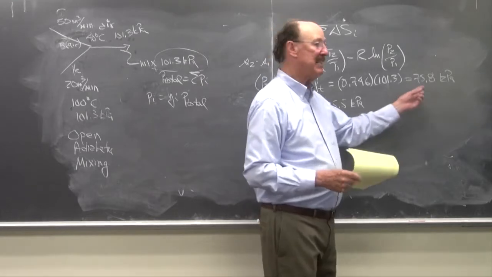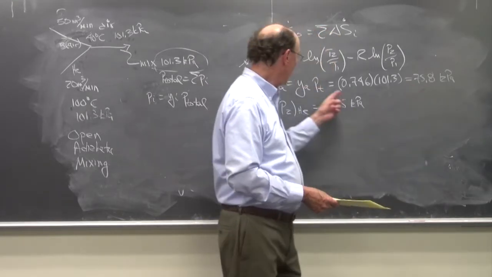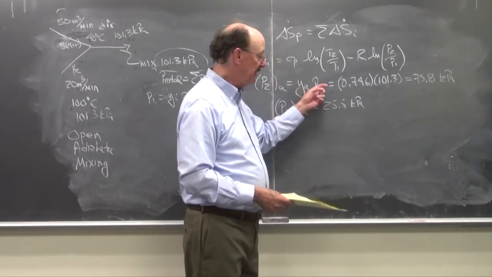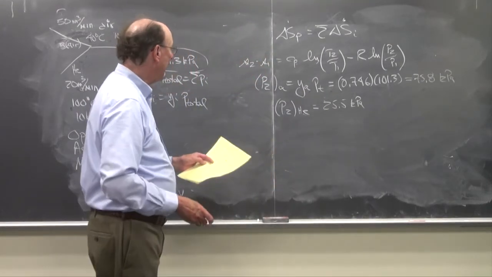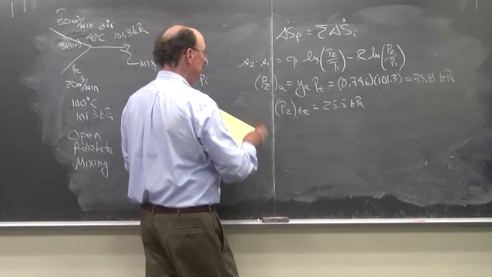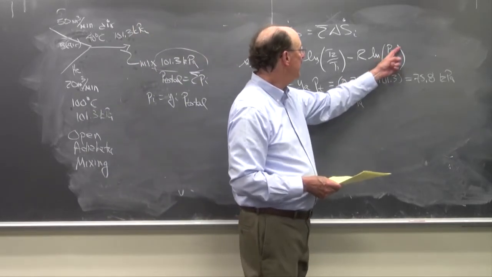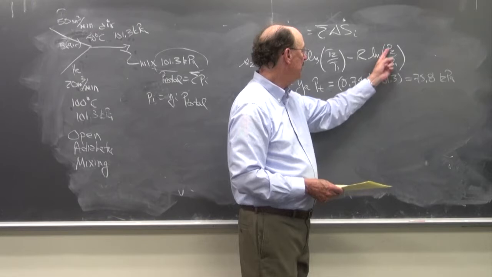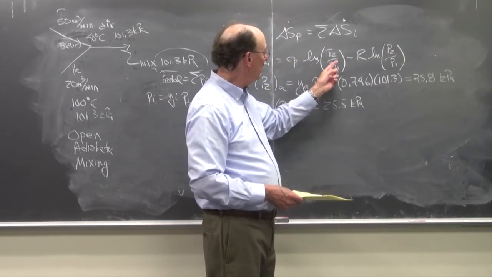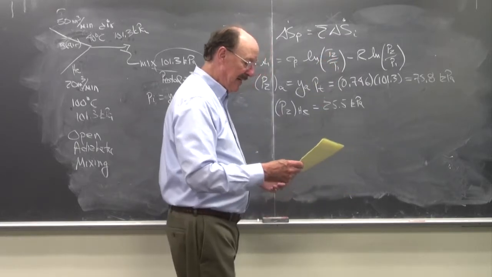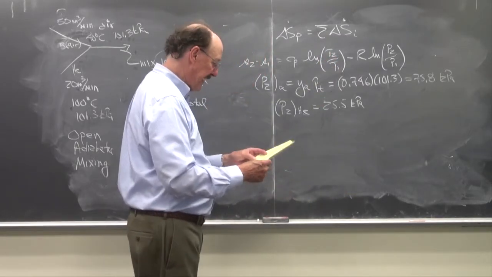I can subtract this from 101.3, or I can use Y sub He times P total to get the same result. So now I can apply this equation because I know this term, and I know the temperatures and the initial temperature.